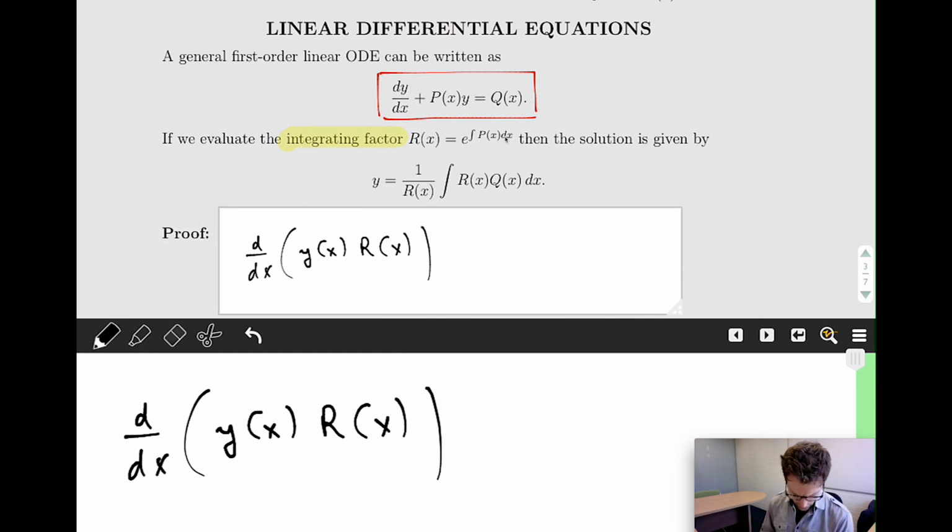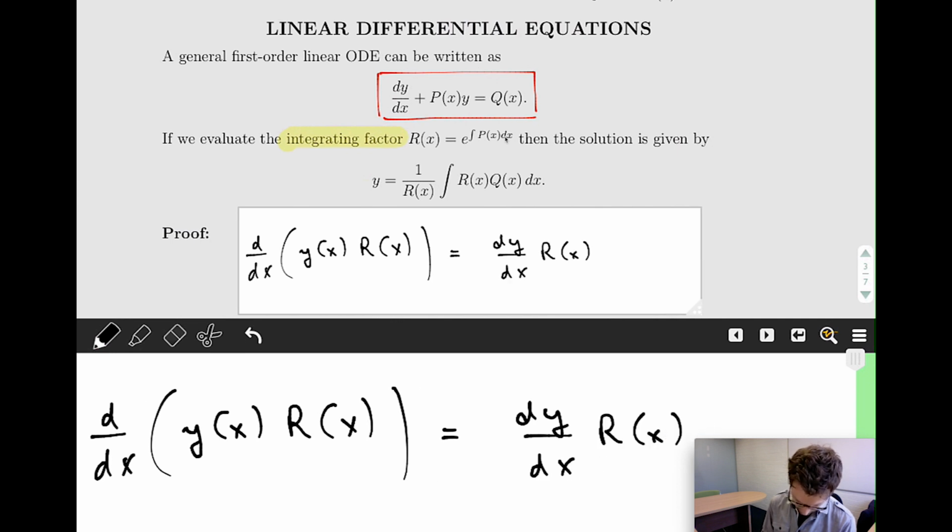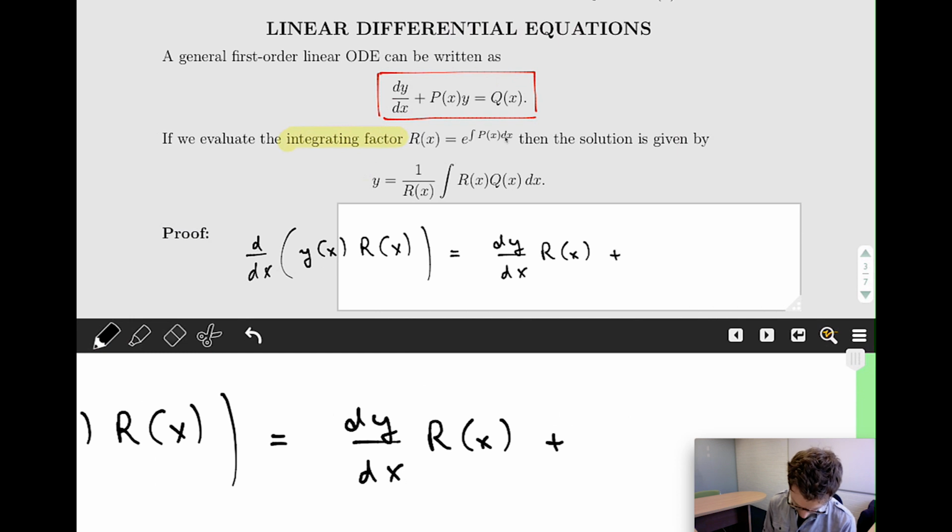So y of x is our unknown function of x, but it's still a function of x, which means I can take its derivative with respect to x. You notice here I've got the product of two functions, so I'm going to have to use the product rule. So I've got dy/dx multiplied by r of x plus y times dr/dx.